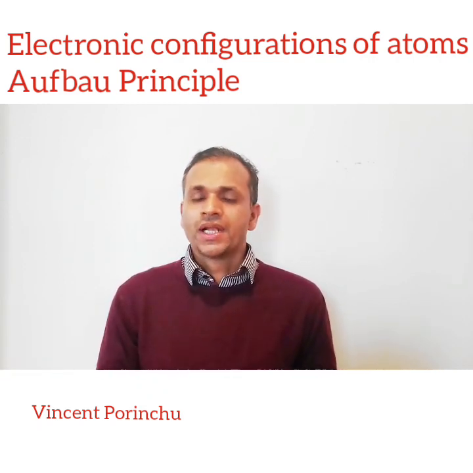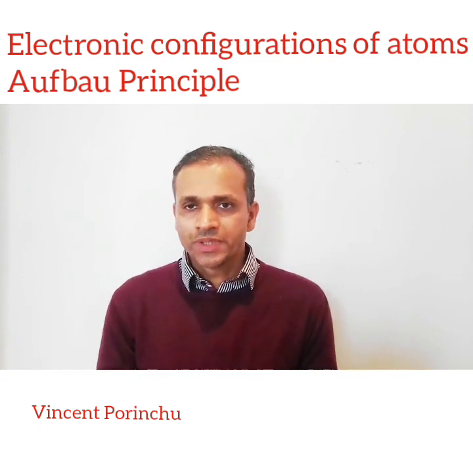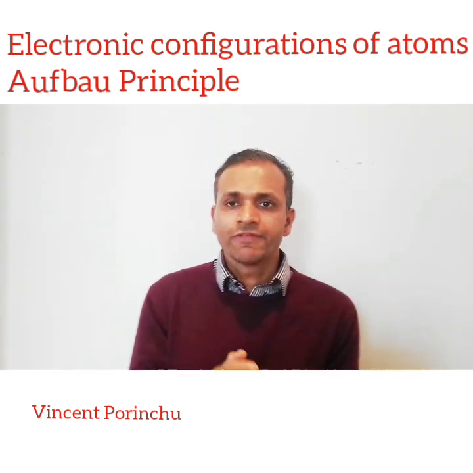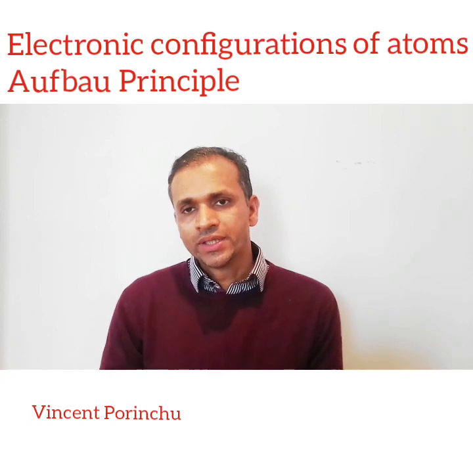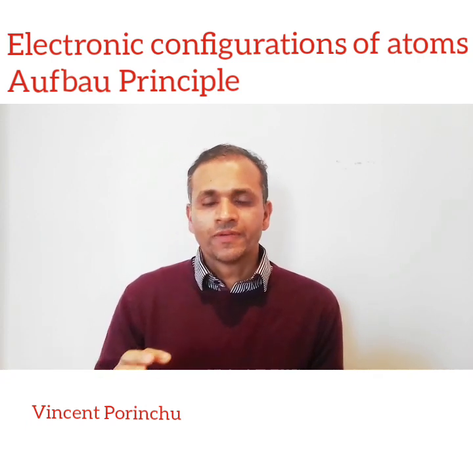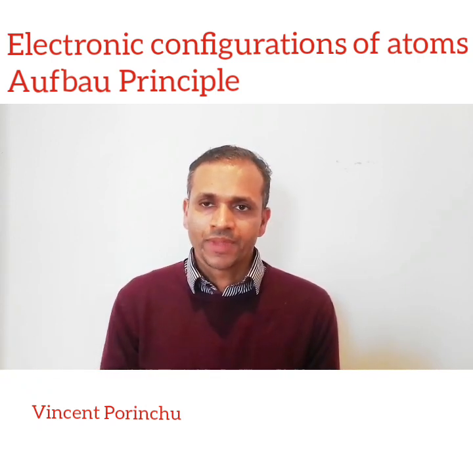And n equal to 2 means there will be 2 sublevels: one s orbital and another p orbital. If n is equal to 3, we have 3 sublevels: s, p, and d orbitals. And if n is equal to 4, we get s, p, d, f.